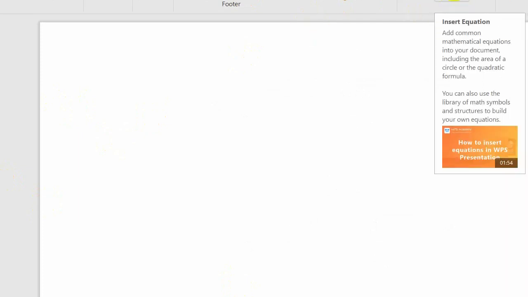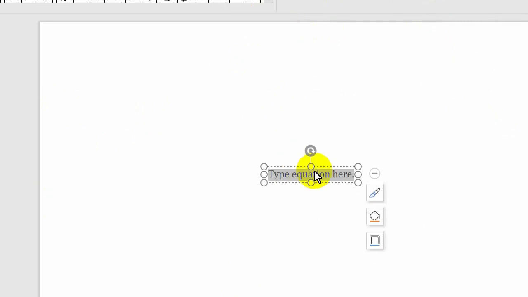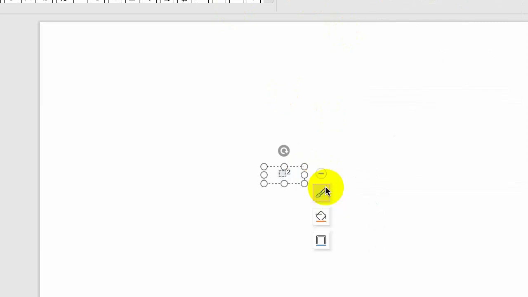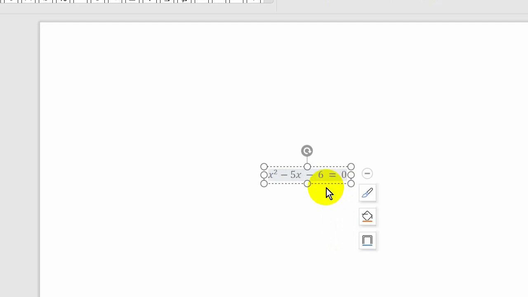The question is we should find the values of x if x squared minus 5x minus 6 is equals to 0. So we're going to solve this question right here using our quadratic equation code.